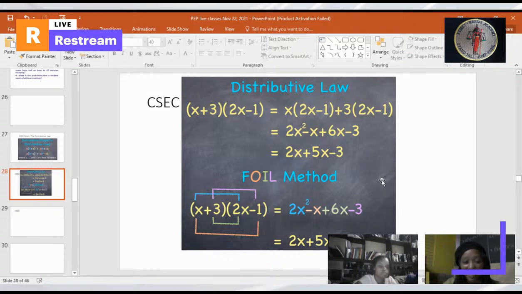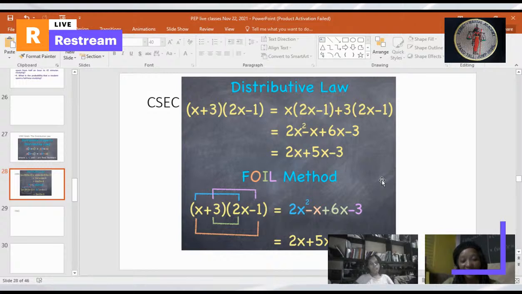So it will be the x times the 2x. You can look at it several ways. You can say the x times the 2x minus 1 and the 3 times the 2x minus 1, which is what they have done in this method. Or you can say, all right, so it's the x times the 2x and the x times the minus 1, and then 3 times 2x and 3 times minus 1.